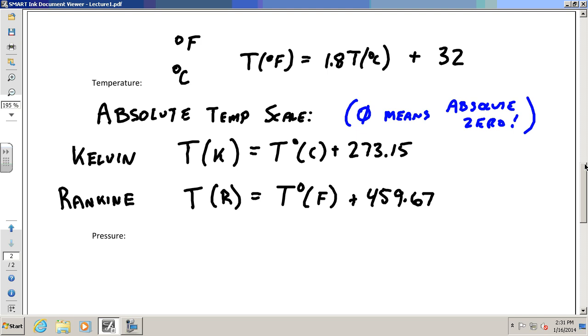But the question I'm going to get from students, and you're probably going to have this question yourself, so I'm going to try to at least give you some help, is when would I use this absolute temperature scale? Why would I need it? Because sometimes I could get away without it. What's that? Gases. That's exactly what I was thinking, and I'm going to try to make the bigger point of that. One of the examples is this. Why would we use it? Okay, now, what is that?